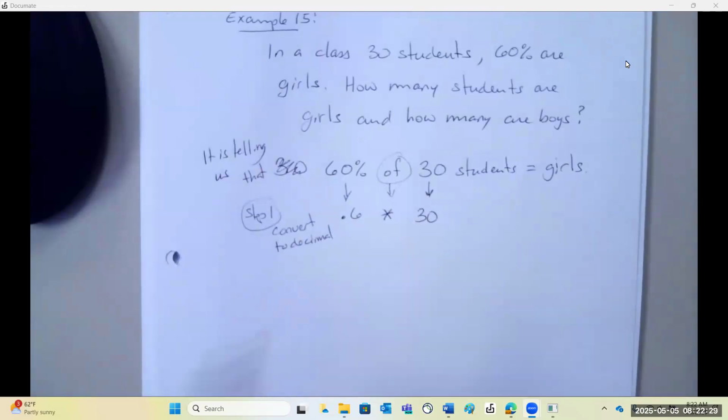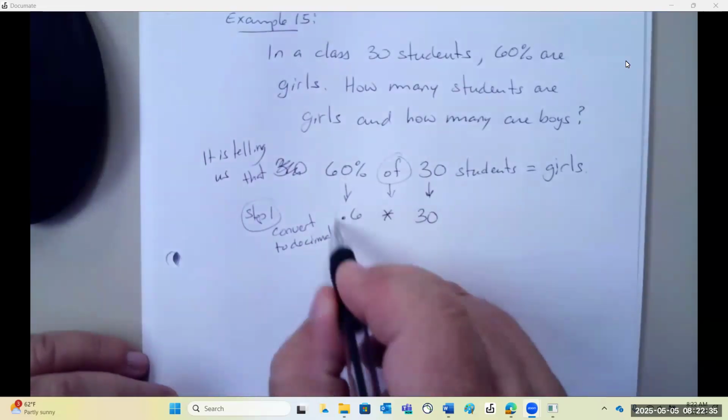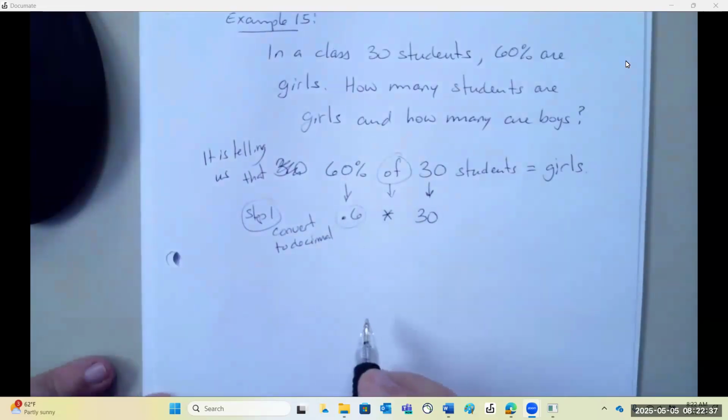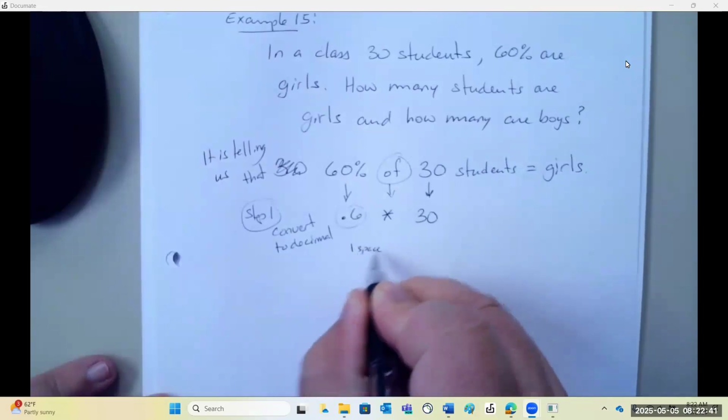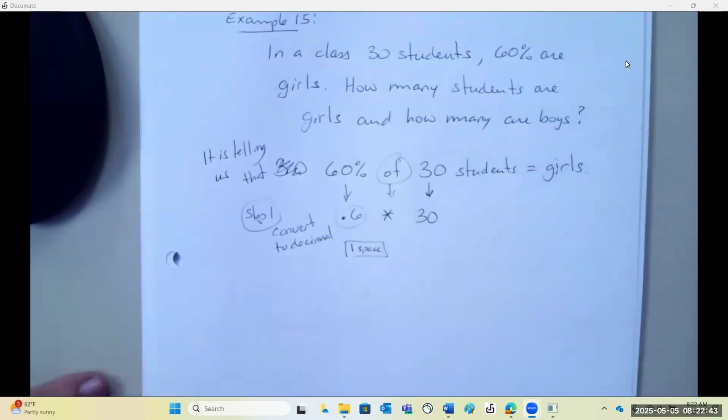We learned how to multiply decimals. What's the rule for multiplying decimals? First, get rid of the decimal. How many spaces does it take? 1 space. We have to put that space back at the end.